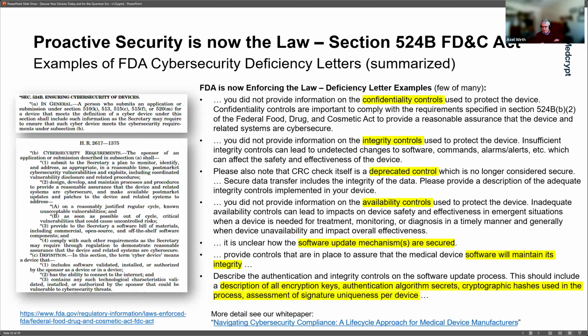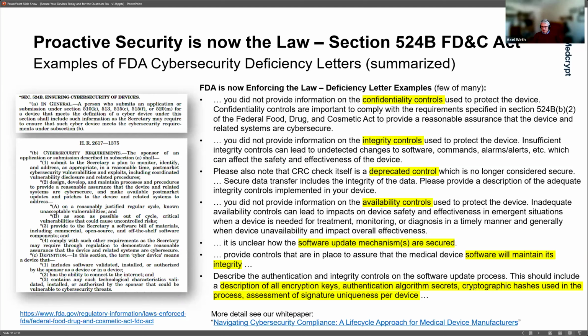There are other security issues as well, but I picked the ones that relate to cryptography: lack of confidentiality controls, lack of integrity controls, lack of availability controls, use of deprecated protocols. In this case, it was a CRC checksum, which of course was questionable to begin with, but the direction that Mark was talking about earlier still holds: between 5 and 10 years from now, many more protocols will be considered deprecated.